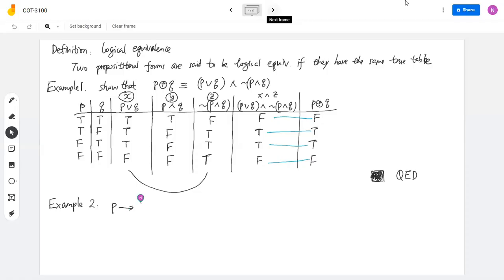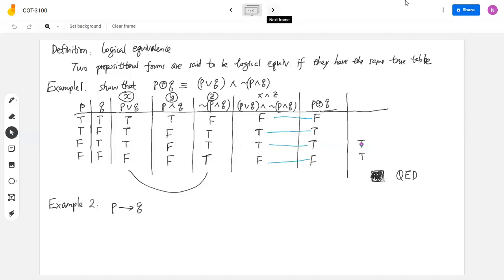What is the equivalent form of P implies Q? Remember P implies Q. I'm going to use this table. So what is P implies Q? Remember P implies Q is automatically true by default if P is false. So the last two rows are true.